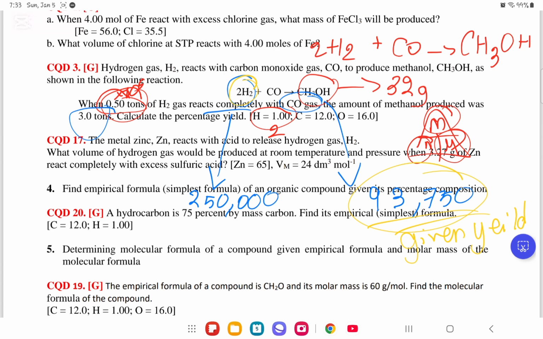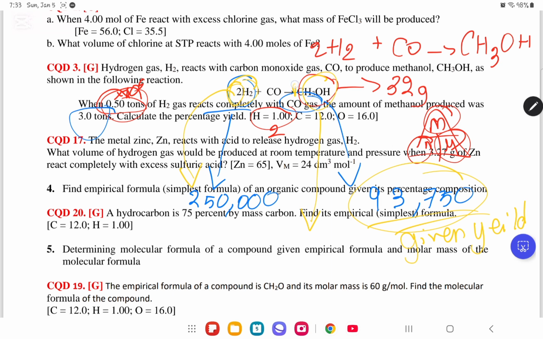Now we calculate the potential yield, or the maximum yield. So we have our given yield. Let us calculate our maximum yield. If you remember how to calculate the maximum yield, it was very simple. 2H2 will give us 250,000.